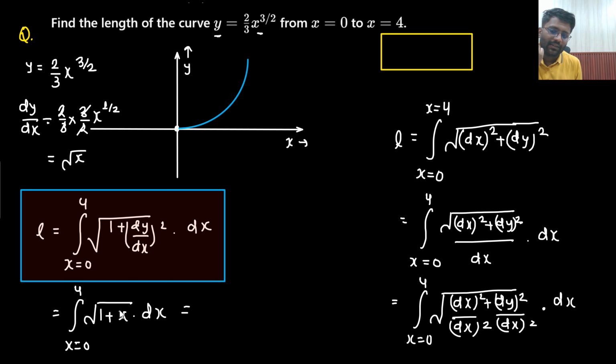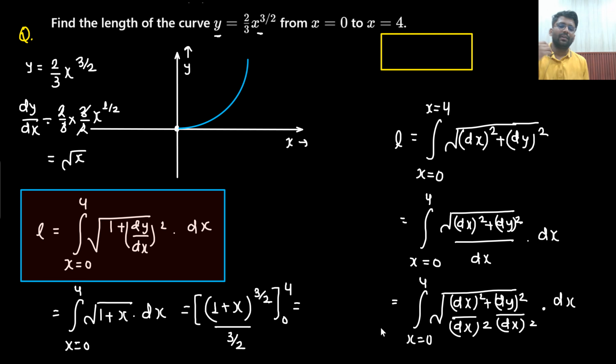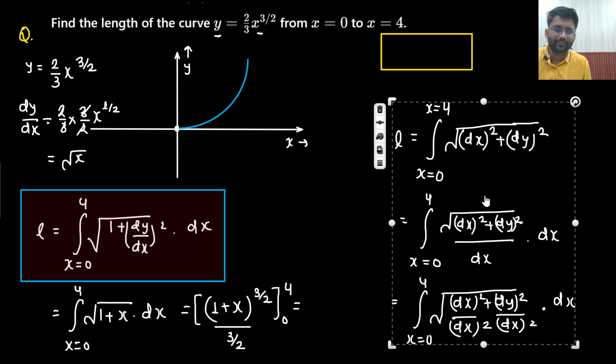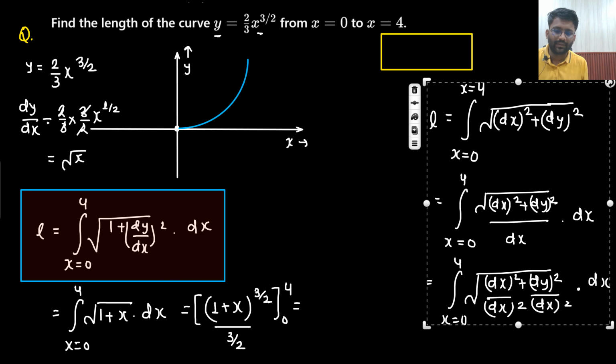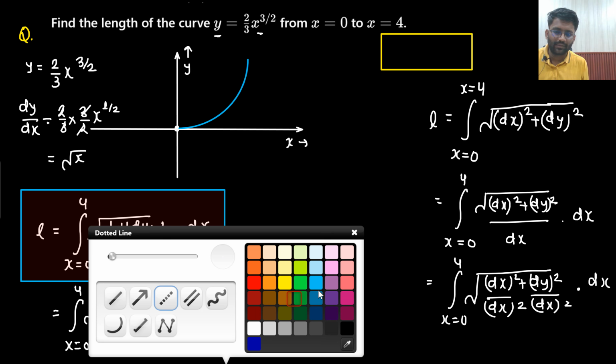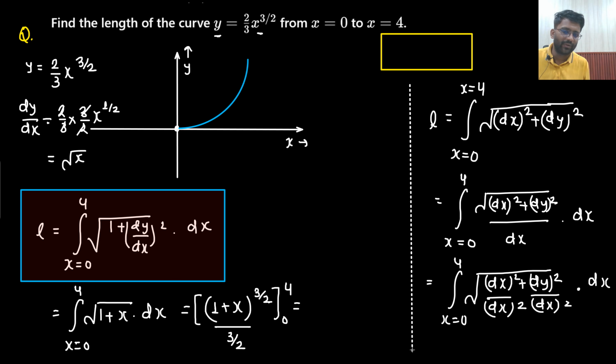So what will be the answer? What is the integration of 1 plus x to the power 1 by 2? That will be 1 plus x to the power 3 by 2 divided by 3 by 2, putting the limit going from 0 to 4. This will be the side calculation that I will be doing.